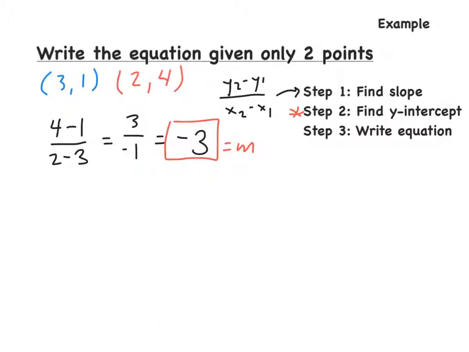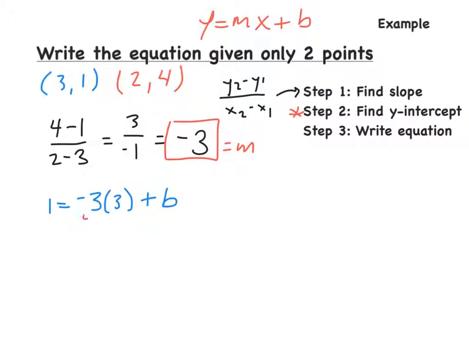So if we have (3, 1) and our slope is negative 3, remember our equation is y equals mx plus b. So what is our y? Our y is 1. Our slope is negative 3. Our x in this case is 3. And we're trying to find the y-intercept.